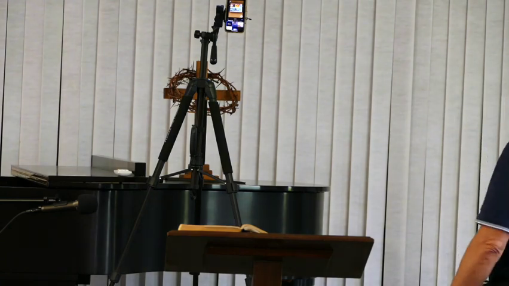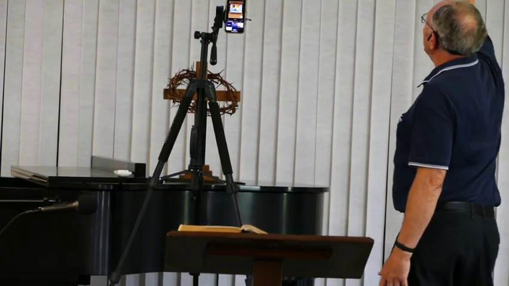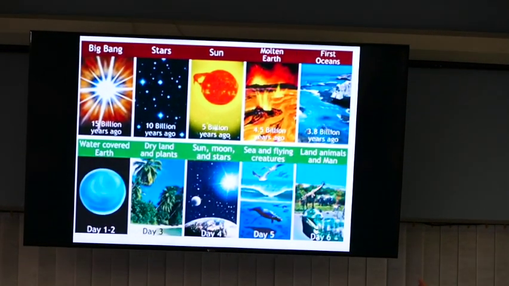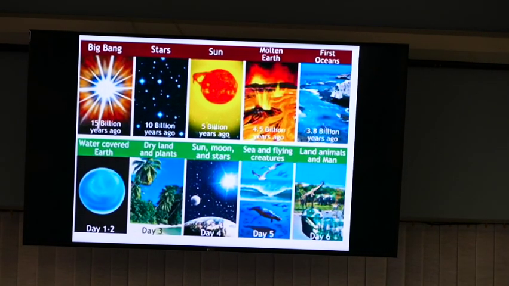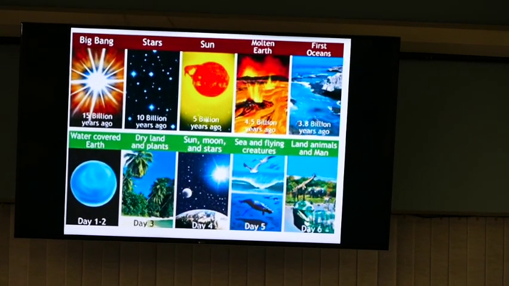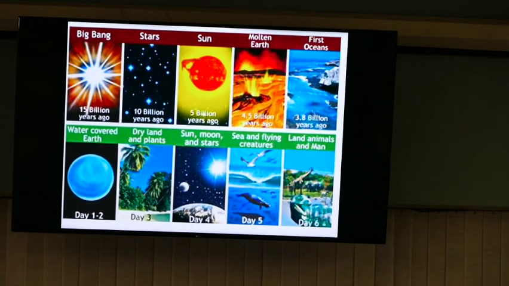Okay. Next slide. Here they're basically showing us the pattern of evolution: Big Bang, stars, sun, molten earth, and first oceans. Remember, we looked at that thing with a big cloud of gas turning into a star and planets.